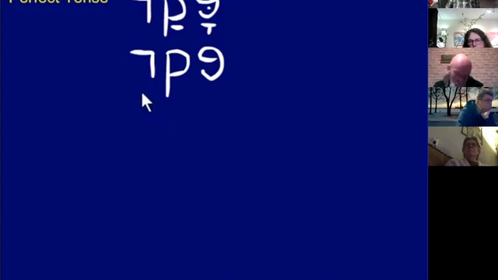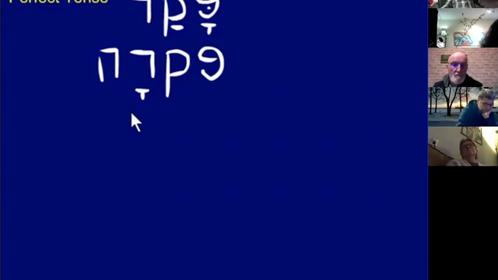Let's put the ending on. The ending for 3fs, third feminine singular, happens to be a qamets-heh, which should remind you of something. It's the same ending as the feminine singular for nouns. So that's a nice correspondence that feminine here matches that. So third person, feminine singular has the a ending.